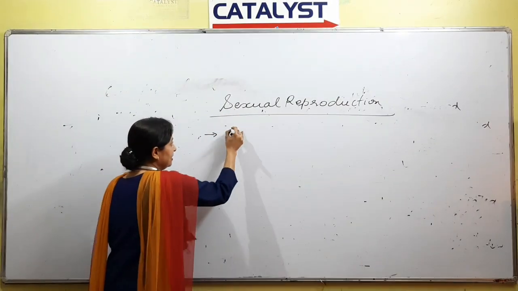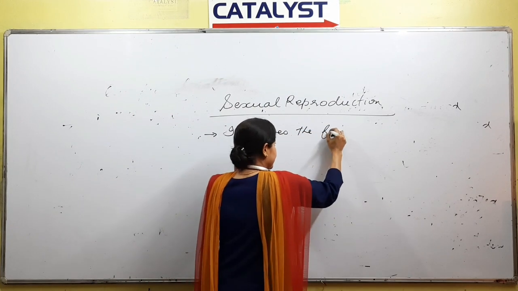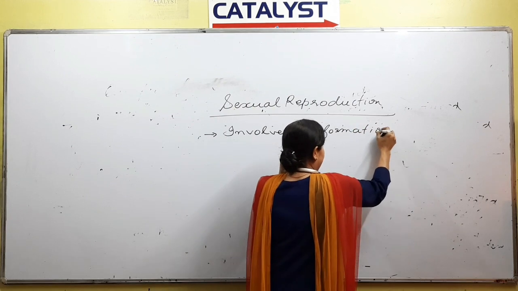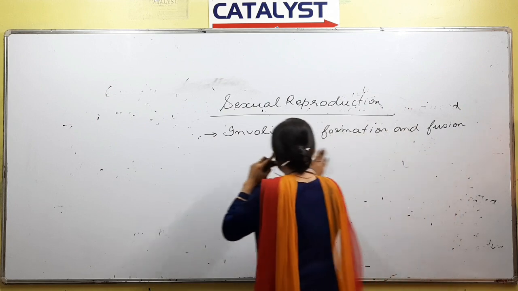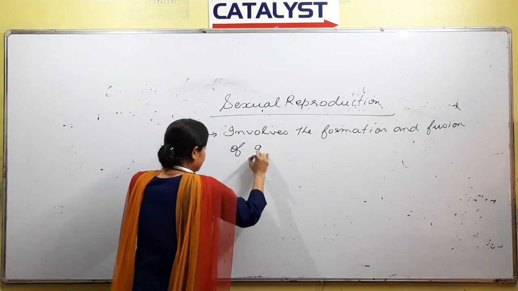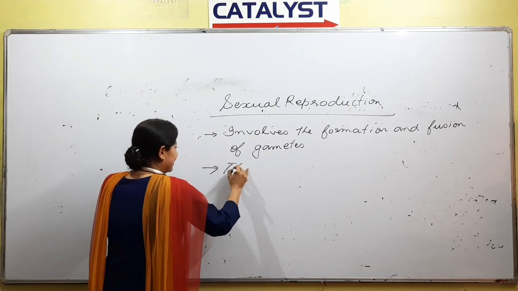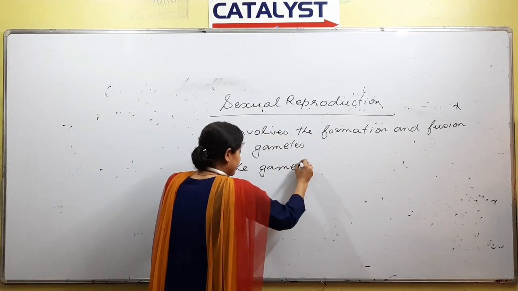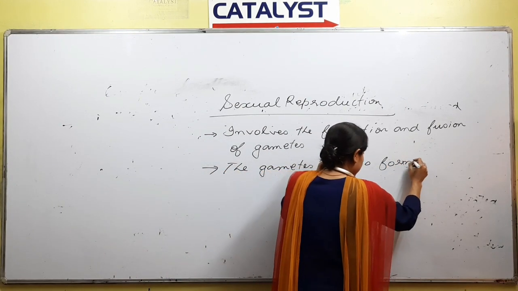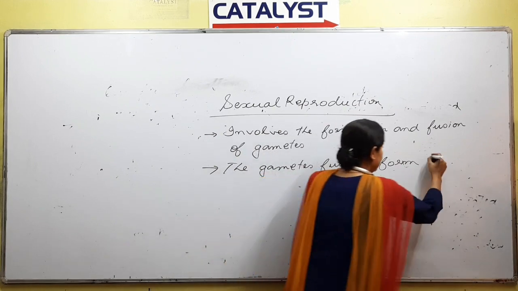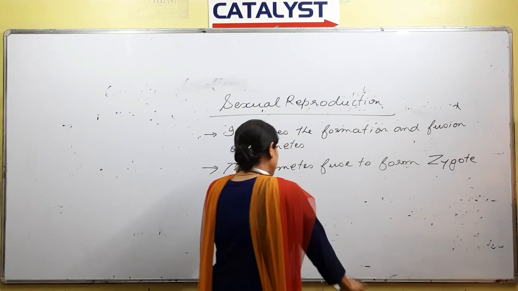It involves the formation and fusion of gametes, so the word gamete must be there. Second point, the gametes fuse to form a zygote, and ultimately the zygote forms an embryo and ultimately the new organism.